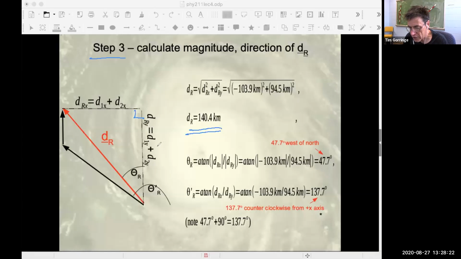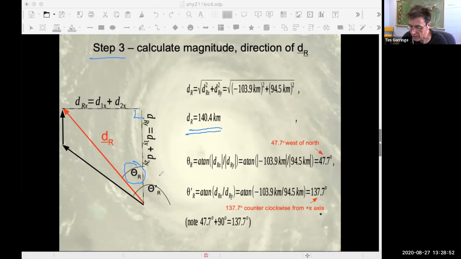If we want the direction, well, we can use trigonometry. When I answered the direction, I actually answered it in two different ways here, because these two ways often crop up. I could specify direction with respect to due north. So here's due north. That's this theta r.